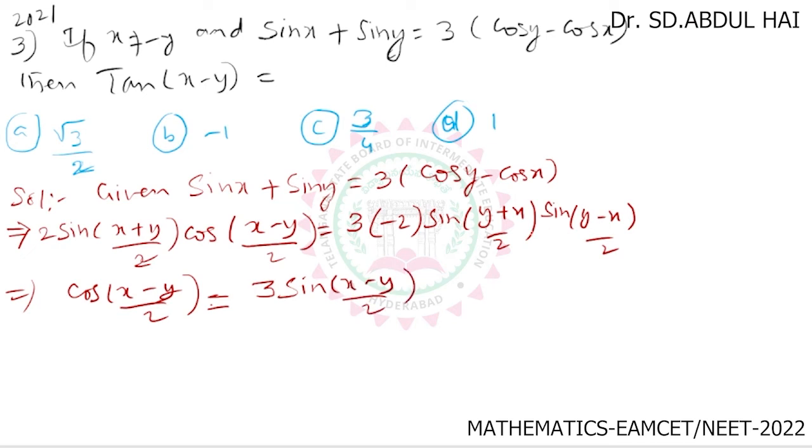I want to make this angle similar to cos. So sin by cos is equal to tan. Therefore, I can write tan of x minus y by 2 is equal to 1 by 3.